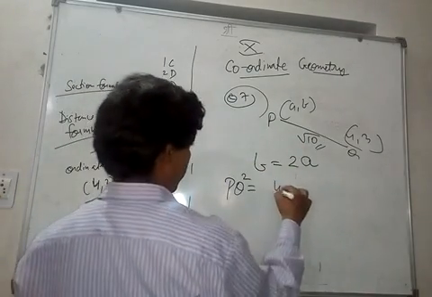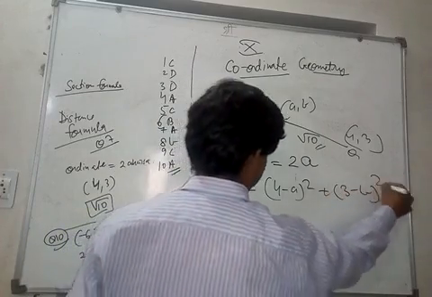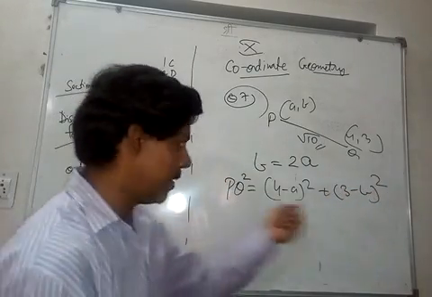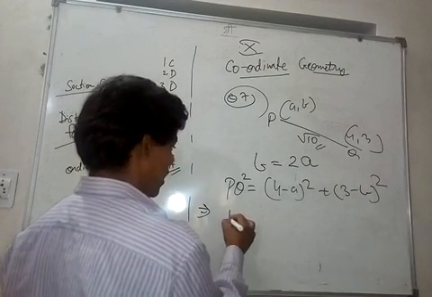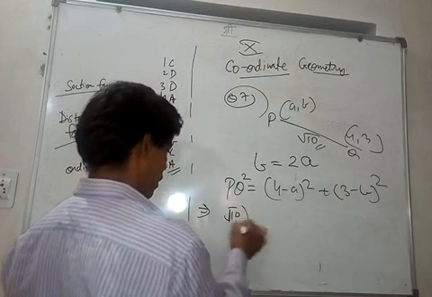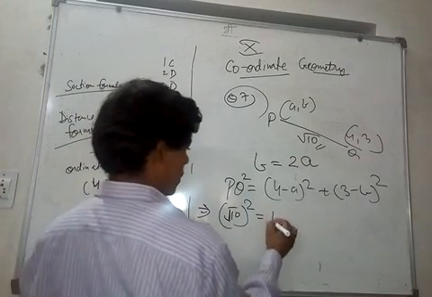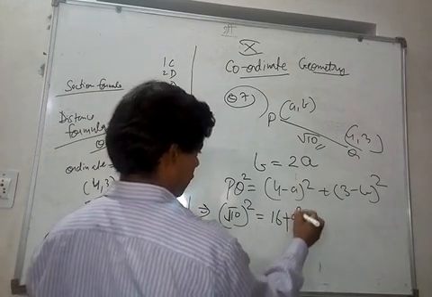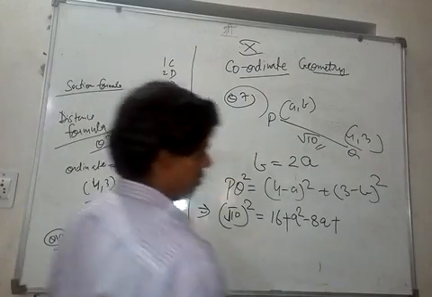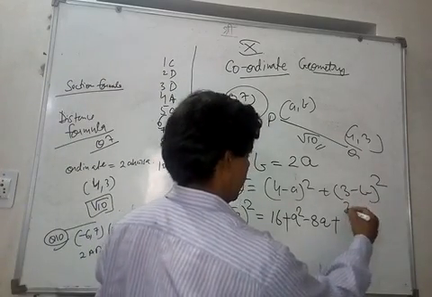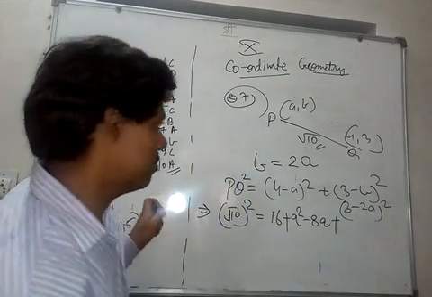So (4 minus A) square plus (3 minus B) square. Now you can replace B by 2A, and PQ square you can write as root 10 square. Root 10 square. Okay. 4 square 16 plus A square minus 8A plus, this I am replacing, so I am writing (3 minus 2A) whole square.